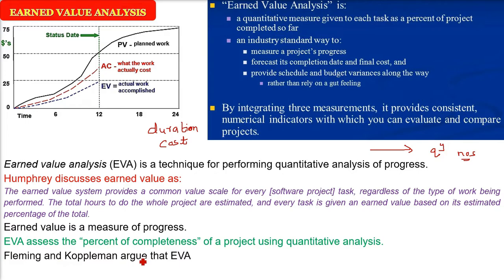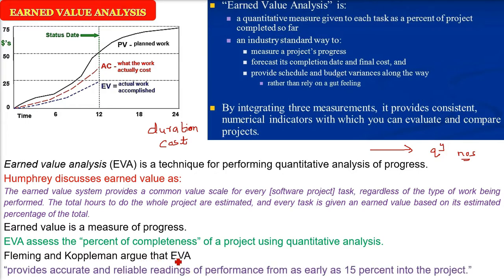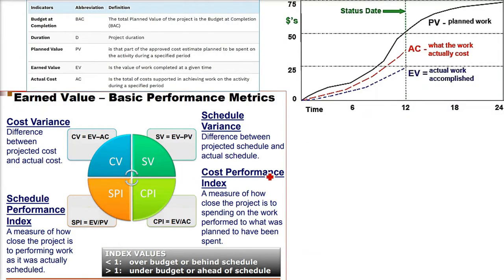Fleming and Koppelman argued about EVA that if 100% is your schedule, when you reach 15%, it starts giving you very accurate and reliable readings, the numbers of performance in terms of duration, cost, whether you are ahead, whether you are behind.